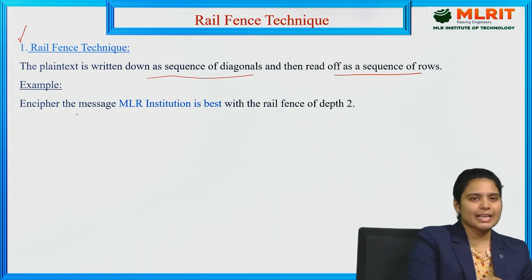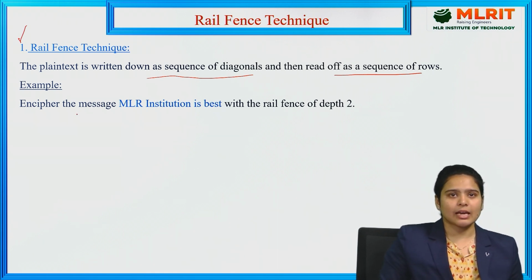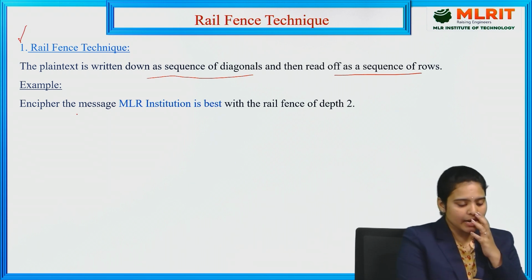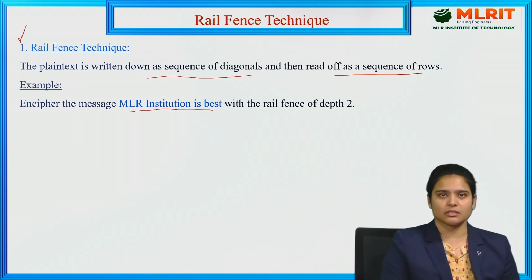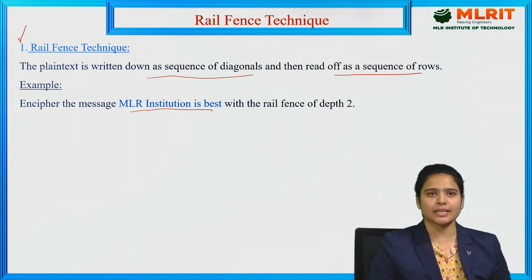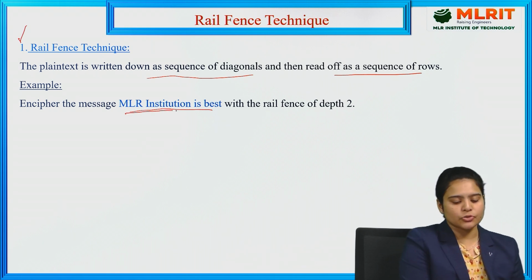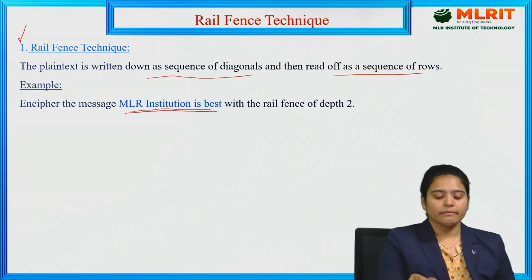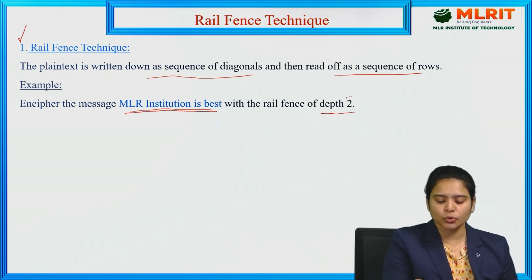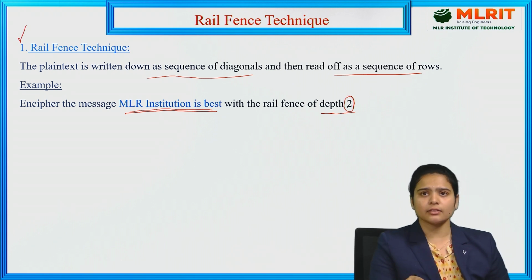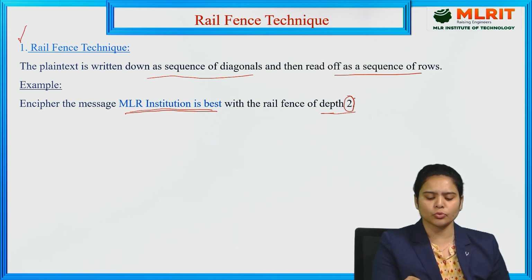For example, here I have taken "MLR institution is best" to encipher, with a depth of 2. The sender or receiver can take any example, with a depth of 2, 3 or 4.